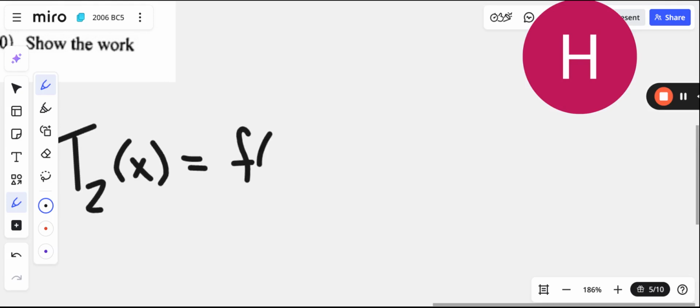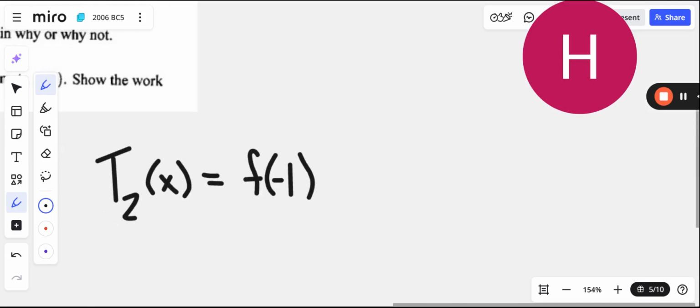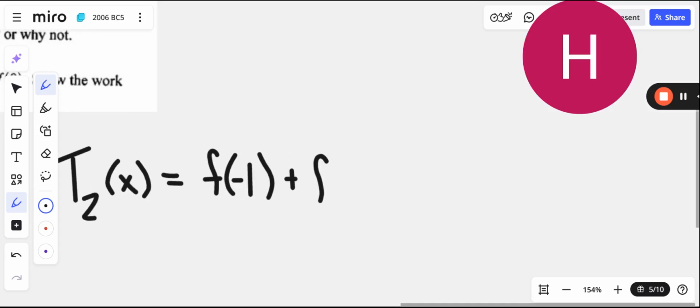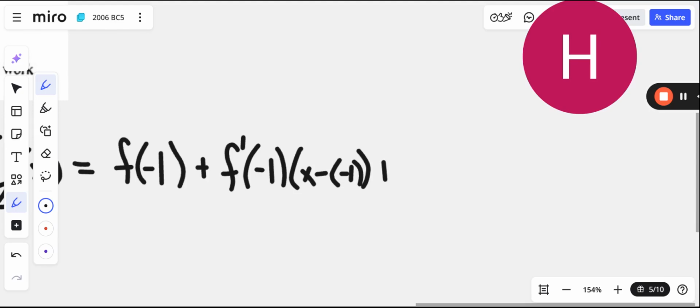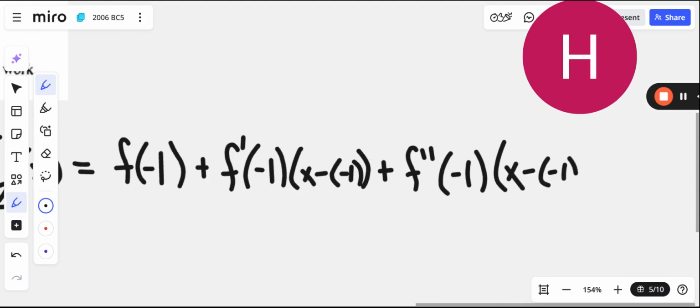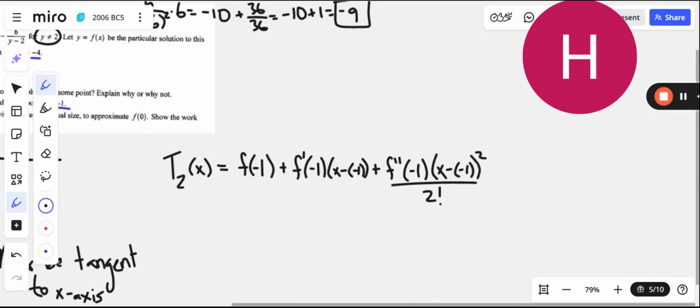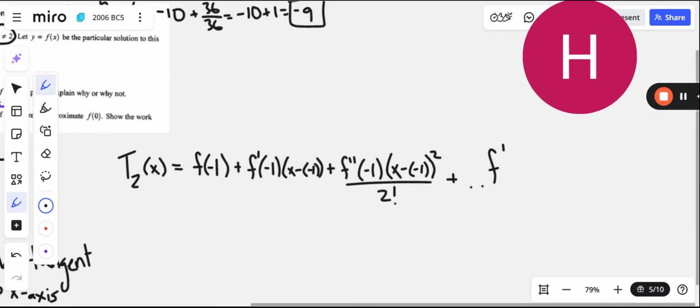It's going to be f of -1 plus f prime at -1 times (x minus -1), in other words x plus 1, plus f double prime at -1 times (x minus -1) squared, but we can't forget to divide that by 2 factorial.